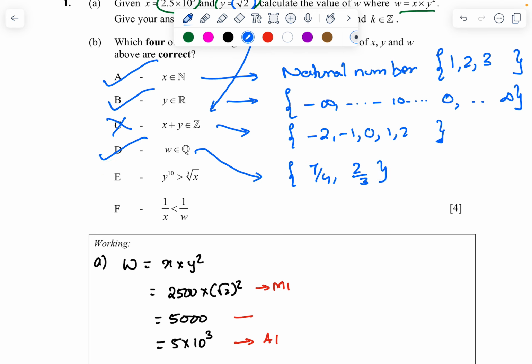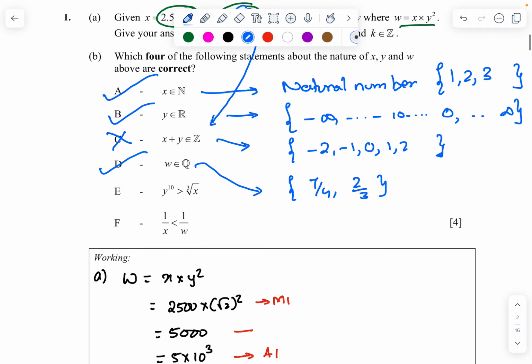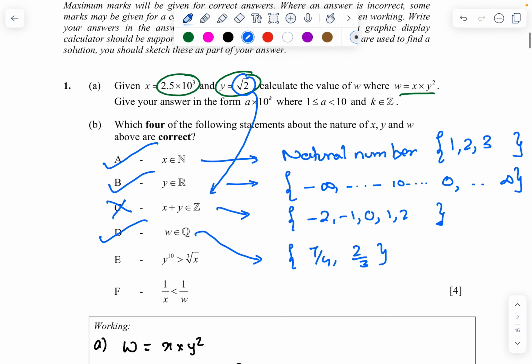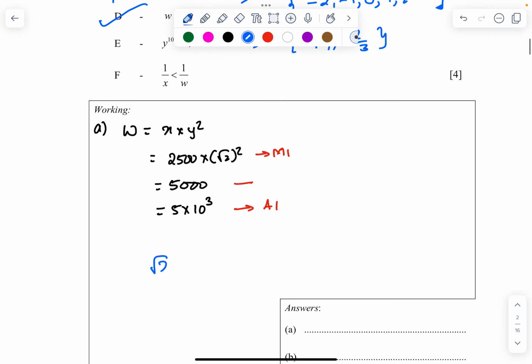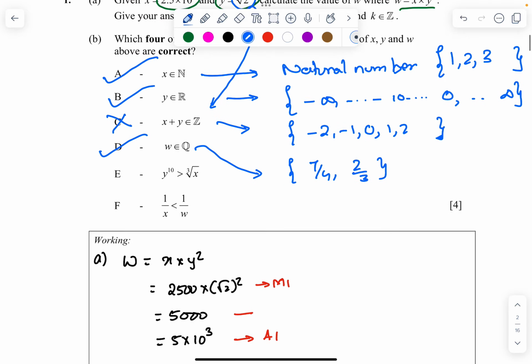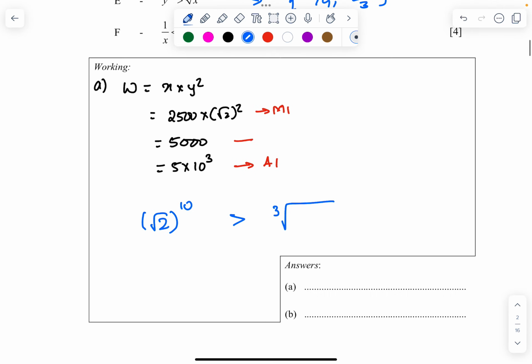Then y to the power of 10 is greater than cube root of x. y power 10, what is y? Square root 2. Square root 2 whole power 10 is greater than cube root of x, which is nothing but 2.5 times 10 power 3. So yes, it is obviously correct.